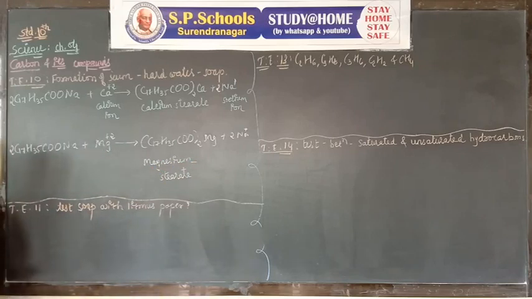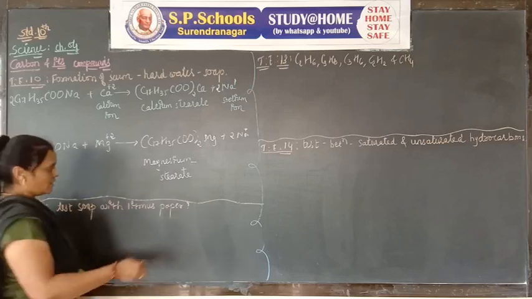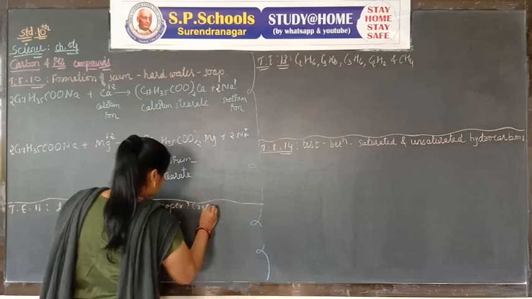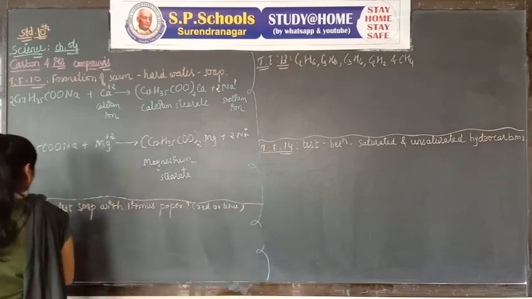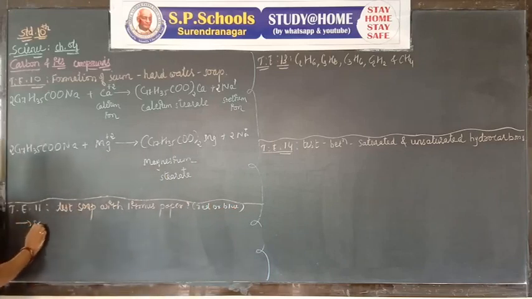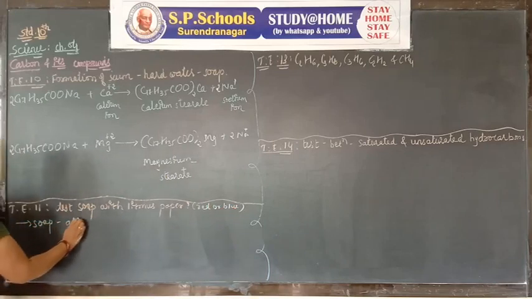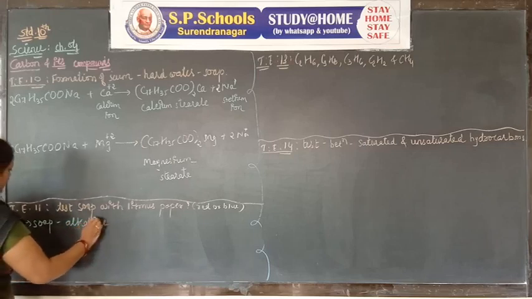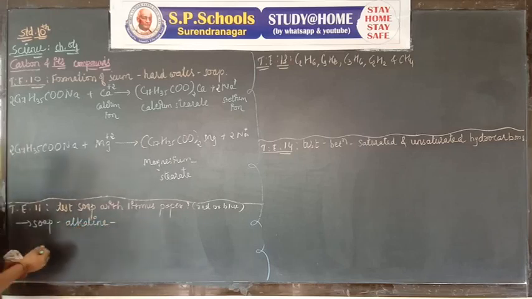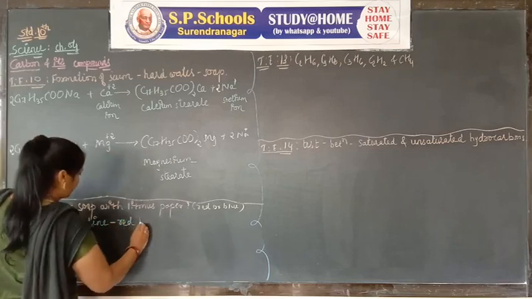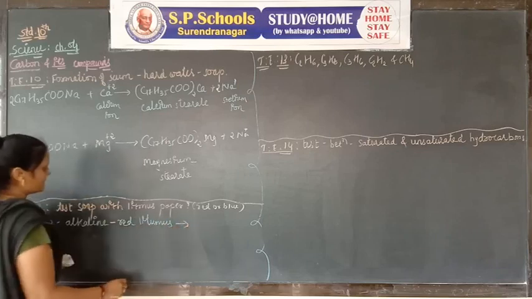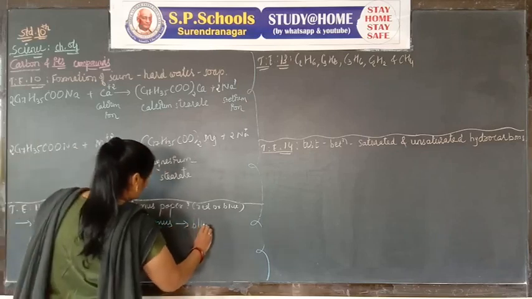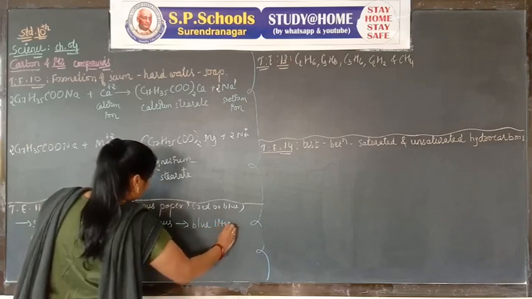What will be the result when you test soap with litmus paper? You can take red or blue litmus paper. We already know soap is alkaline in nature. So when treated with red litmus paper, it converts red litmus paper into blue litmus paper.